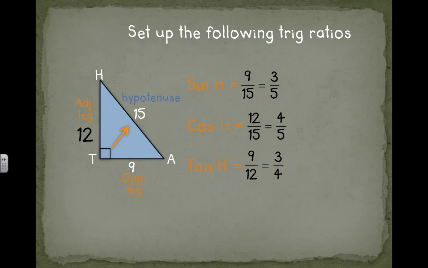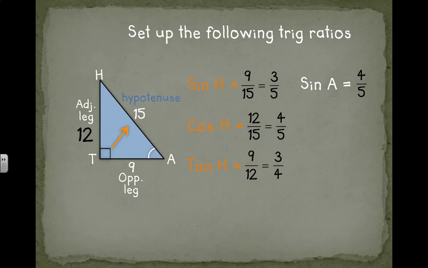Now, setting up for the angle A, notice I've changed the arc down to where angle A is, and we're going to switch the opposite leg and the adjacent leg. The opposite leg is marked wrong. The opposite leg should be across.